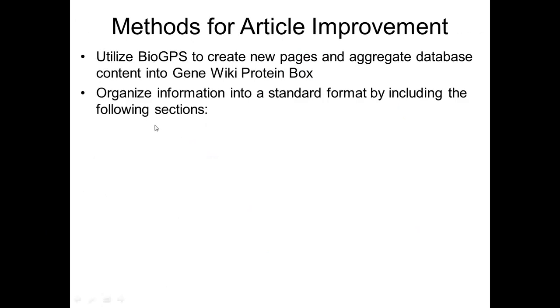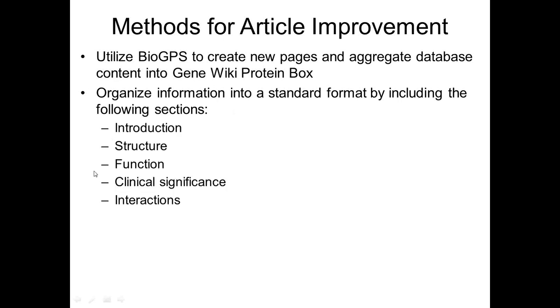Next, we do intensive literature searches and populate a list of journal articles relevant to the gene or protein, and then we organize this information into sections of introduction, which includes basic information, and then a little more detail outlined in structure, function, clinical significance, and interactions.